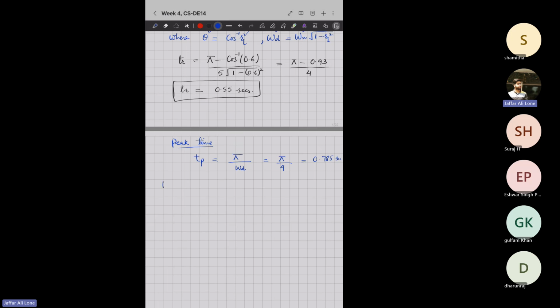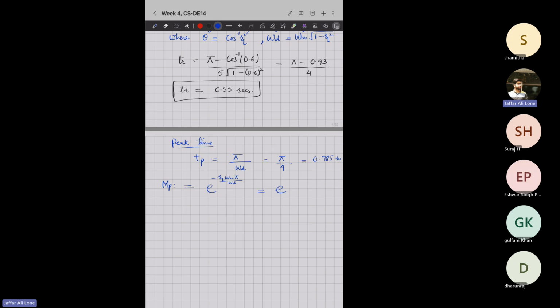Now see maximum overshoot, Mp. Look here, this is very important, how you will calculate this. The formula for Mp is e raised to the power minus zeta omega n into pi by omega d. I'll just put in the values.